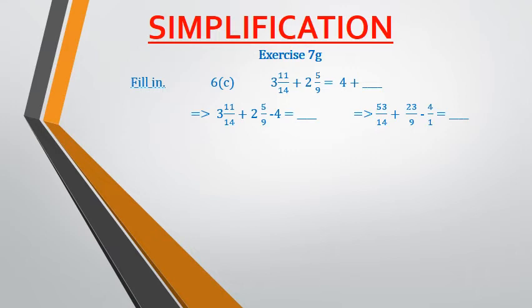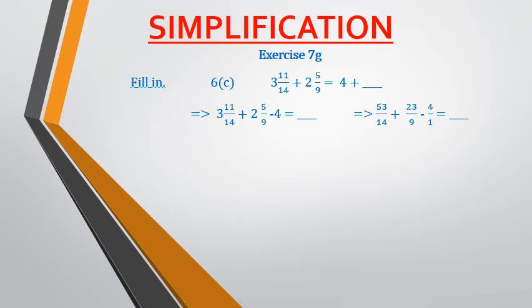So when we simplify this, first of all, what will we do? We will change these two mixed fractions to improper fractions. So 3 11 by 14 and 2 5 by 9 will change to 53 by 14 and 23 by 9 respectively. So now we will simplify these three fractions: 53 by 14 plus 23 by 9 minus 4 by 1.